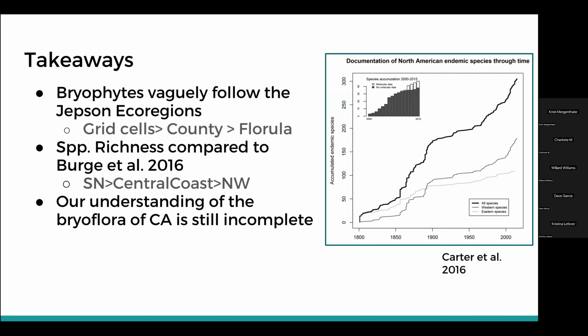From the Burge et al. 2016 study that I mentioned at the top of the presentation, this study showed that in terms of species richness, the Northwest region had the highest, followed by the Sierra Nevadas, followed by the Central Coast. But in our data set, what we found is quite different. The Sierra Nevadas is the most rich, followed by the Central Coast region, followed by the Northwest.